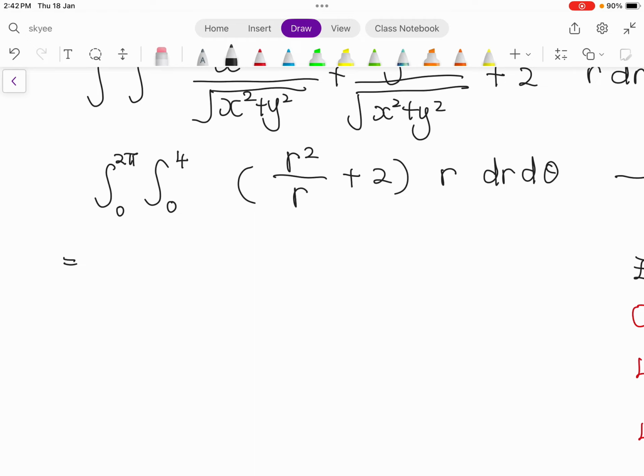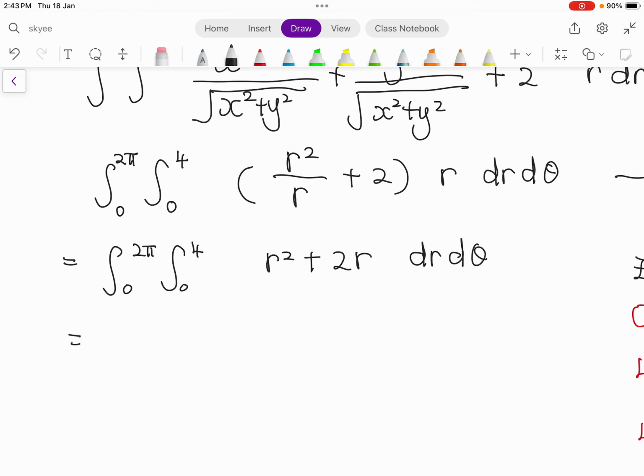Okay, so you can start to solve this. You can simplify it to become r squared plus 2r, dr d theta.